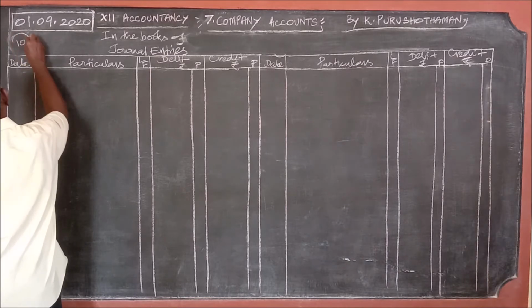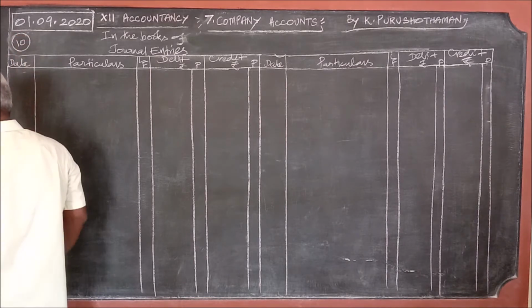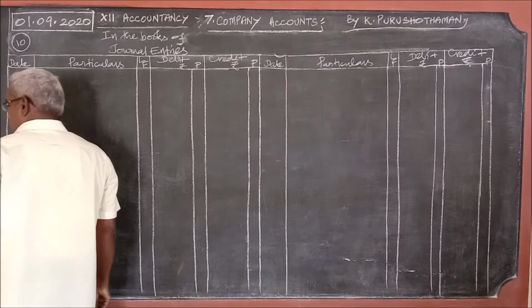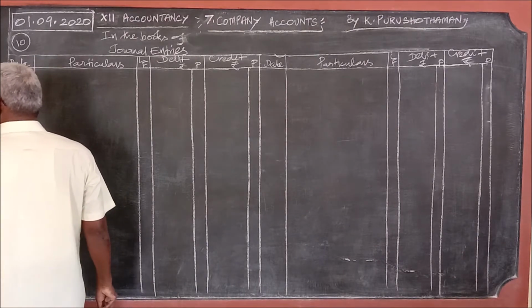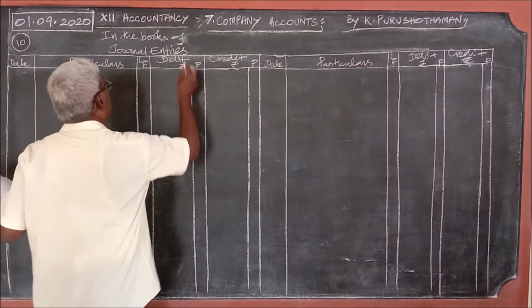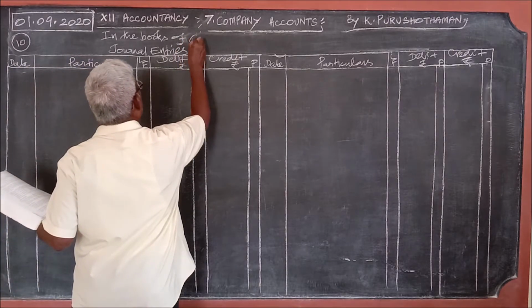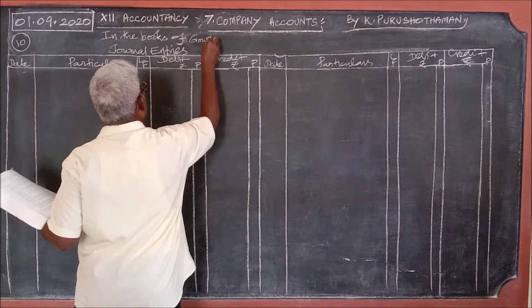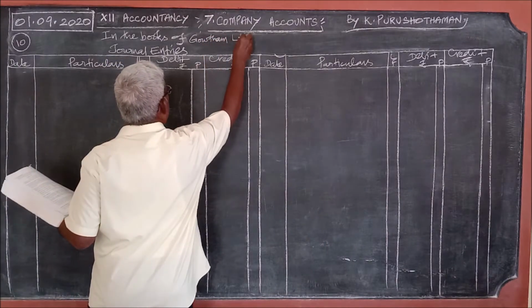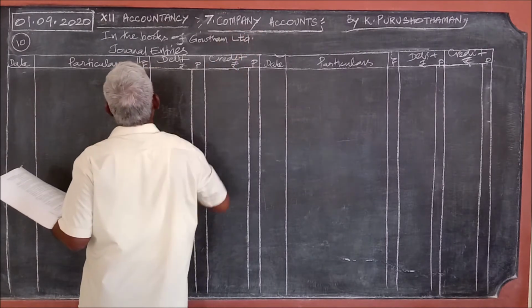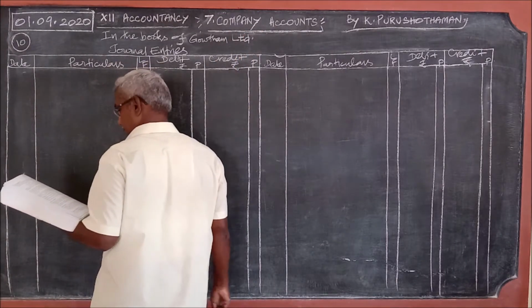Problem number 10. It is reissue of shares. Gautam Limited, in the books of Gautam Limited, journal entries.